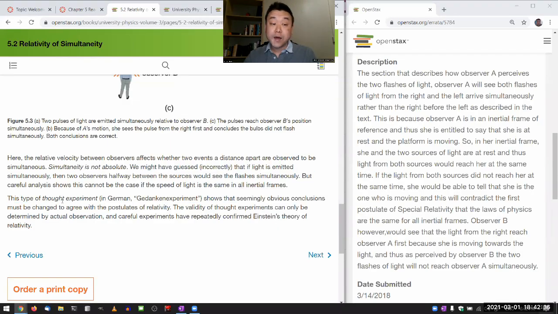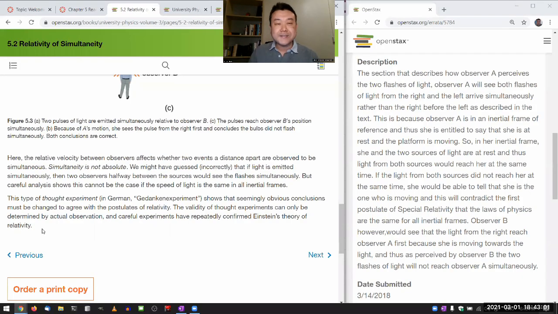This type of thought experiment, in German, Gedanken experiment, shows that seemingly obvious conclusions must be changed to agree with the postulates of relativity. The validity of thought experiments can only be determined by actual observation, and careful experiments have repeatedly confirmed Einstein's theory of relativity. And this is what I mean when I say that the second postulate is true.